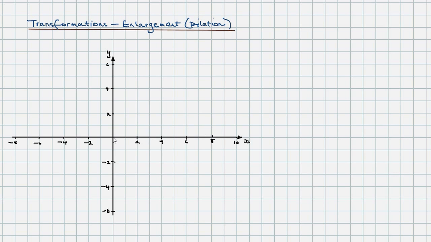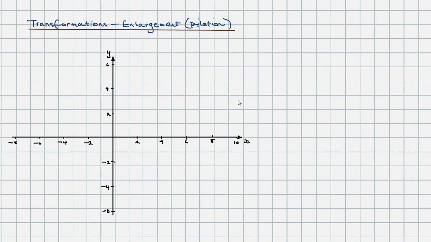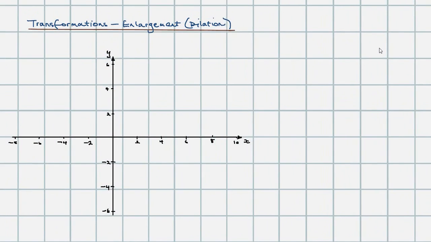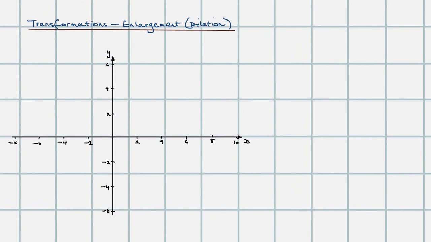I'm going to start by expanding from the origin, and it will be as if I'm just pulling it out from that 0, 0 coordinates. Okay, so like this, until it's, let's say, 3 times bigger. So we'll stop at 3 times bigger. So what we've done is we've expanded by a scale factor of 3 from the origin at 0, 0.